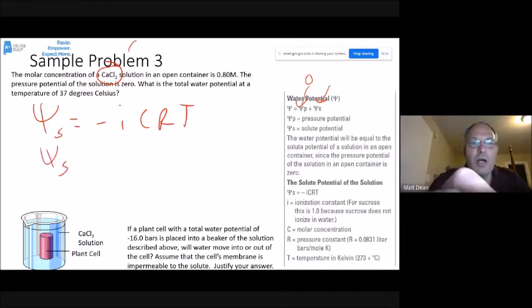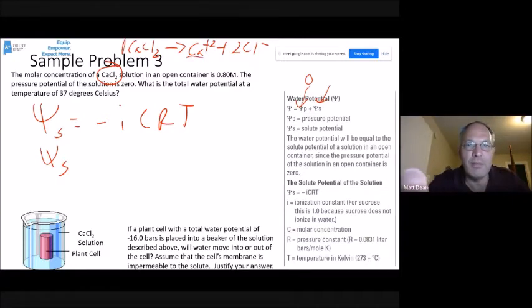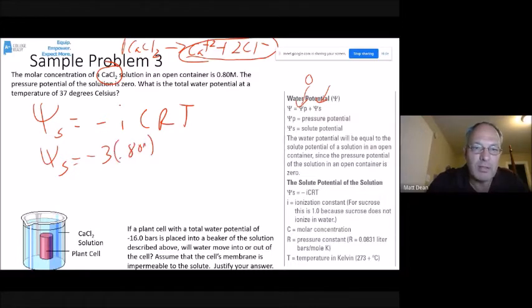For calcium chloride, when this breaks up into ions, it breaks up into a calcium ion and 2 chloride ions. So one formula unit of calcium chloride ends up ionizing into 3 distinct ions. That means i for this salt is 3. So -3 times our concentration of 0.08. And remember, that's moles per liter.